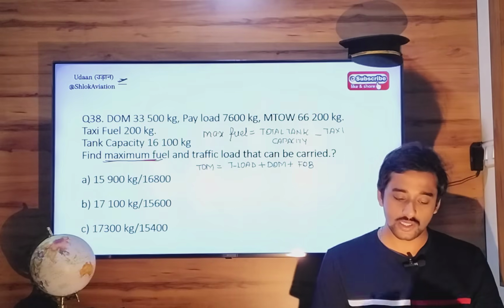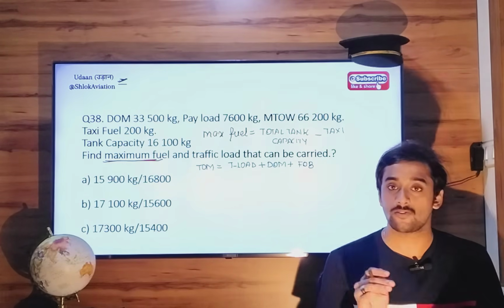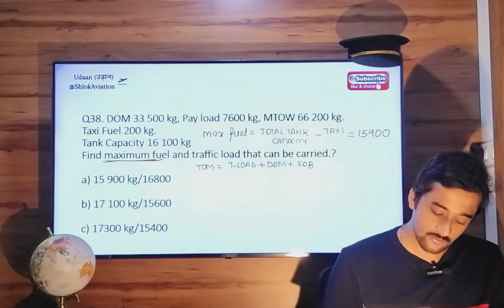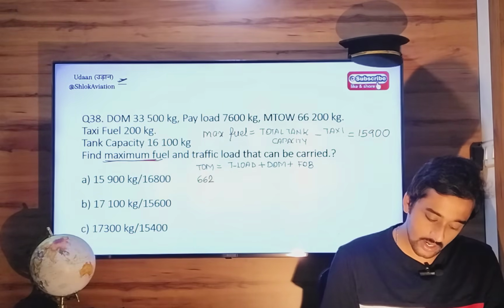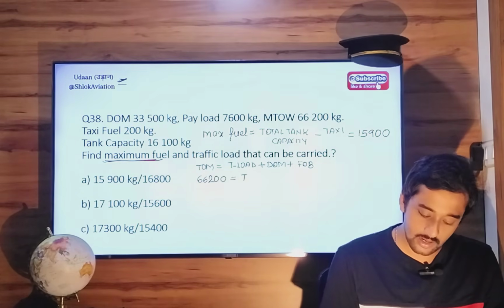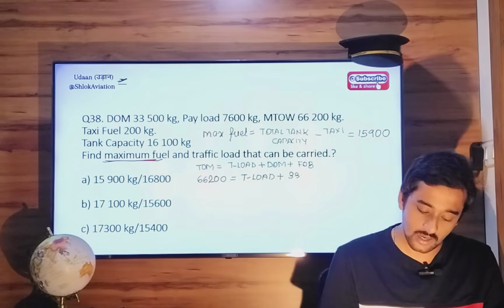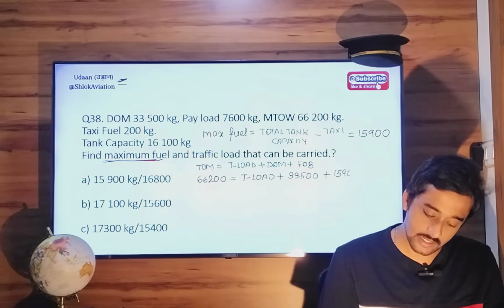So that will be equal to 16,100 minus taxi fuel 200, which is 15,900 kg. And with this, we will substitute here 66,200 equals traffic load plus dry operating mass 33,500 plus fuel on board 15,900.